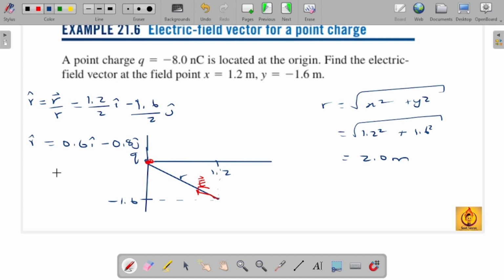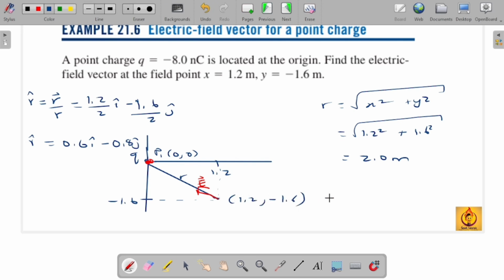And then we go to the formula. Or maybe before we go to the formula, in my last session, I took a long route on how to find this R vector, because it was confusing for me. So what I did was to say this is point 1, which is 0, 0, and then this is point 2, which is 1.2, negative 1.6.